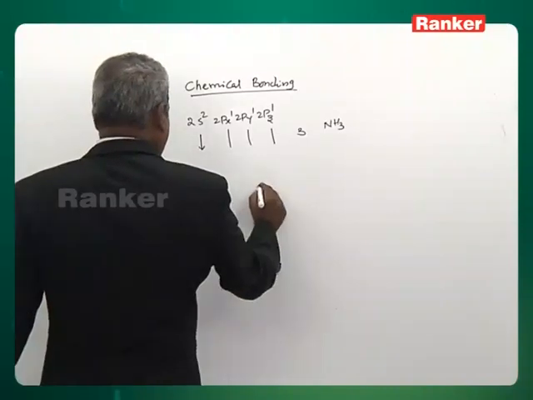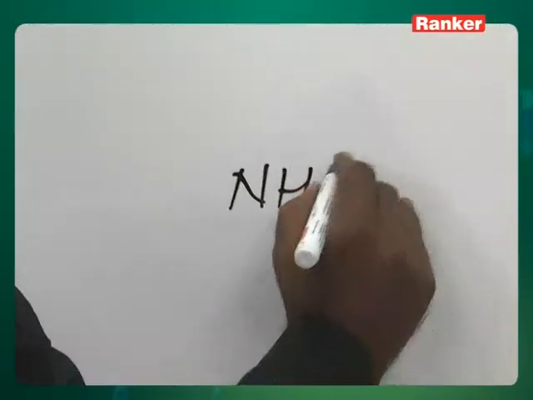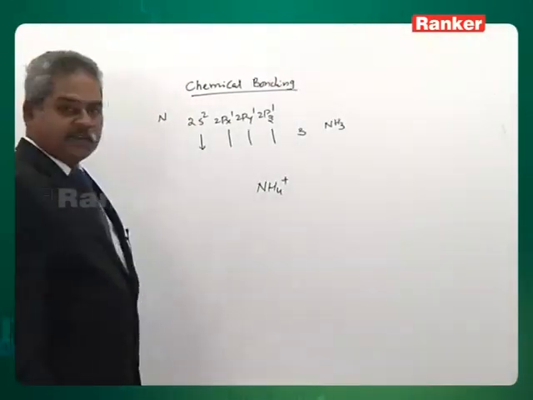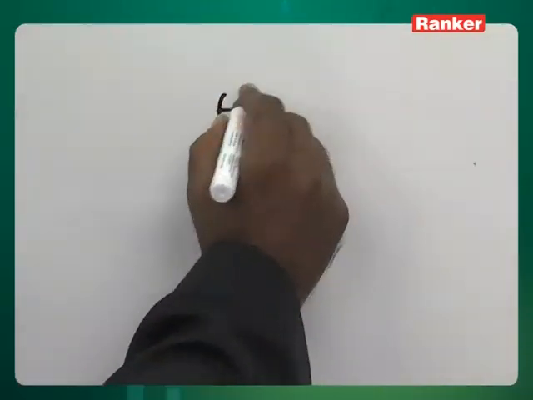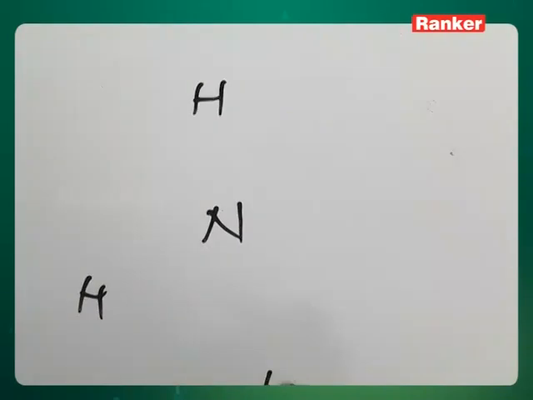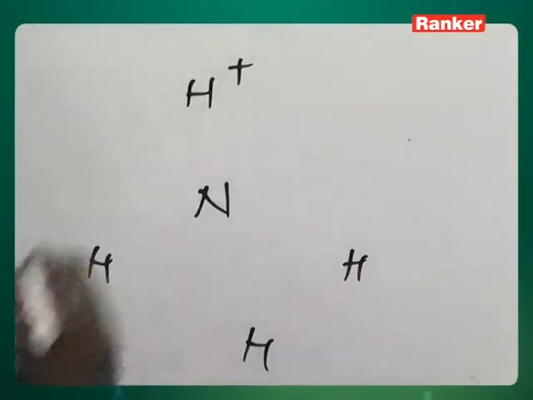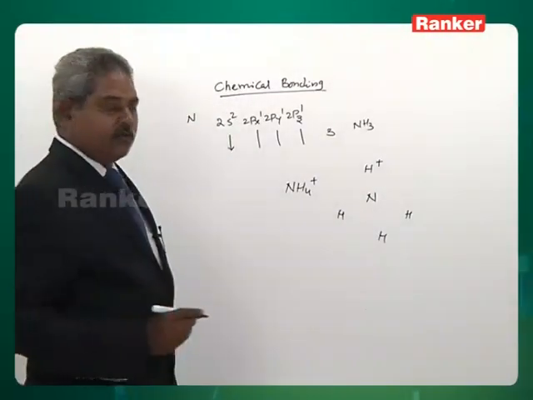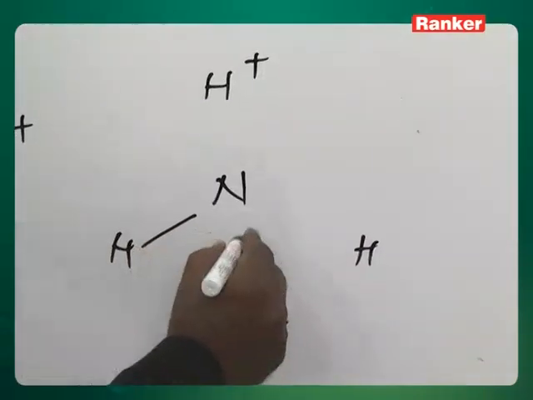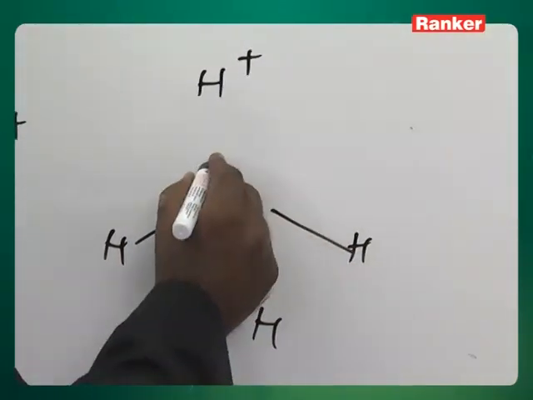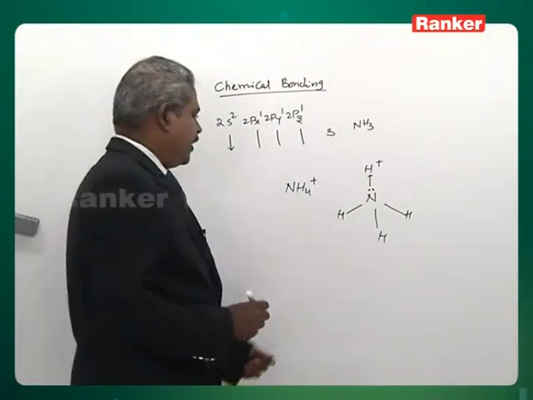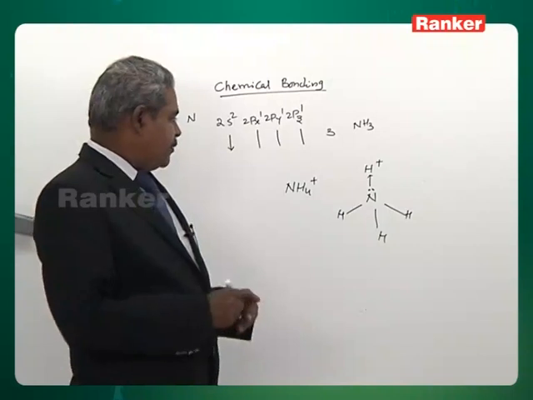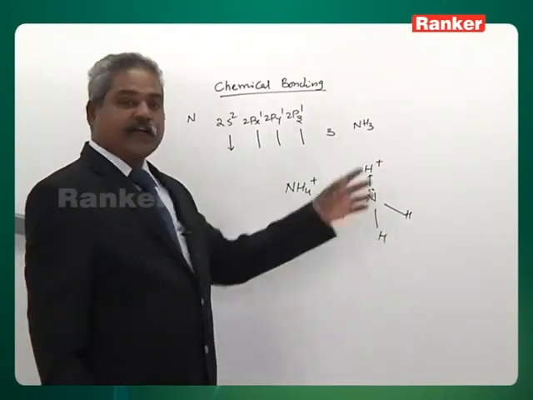Look here, NH4 plus: 1 nitrogen, 4 hydrogens, one of them is a plus, that's what we learnt in structures, and hydrogen forms 1 bond, and nitrogen still has a pair of electrons it donates. By donating the pair, the shape of nitrogen goes from pyramidal to tetrahedral.